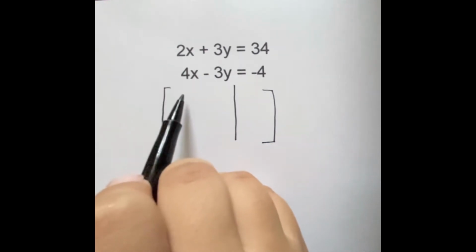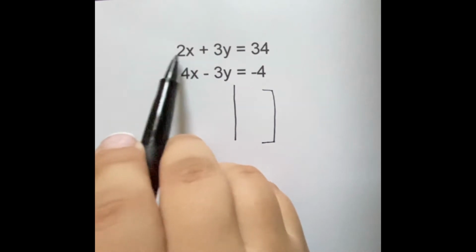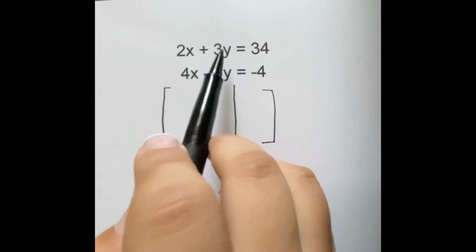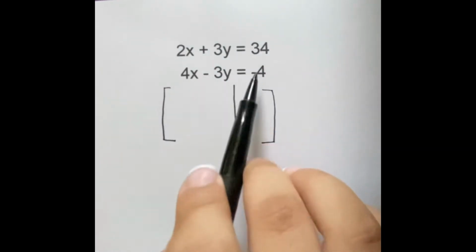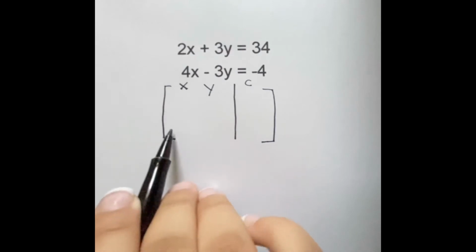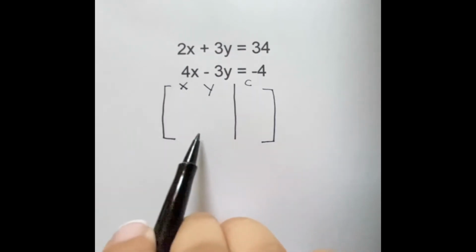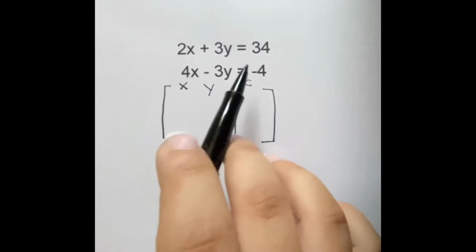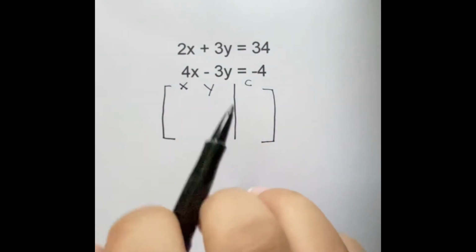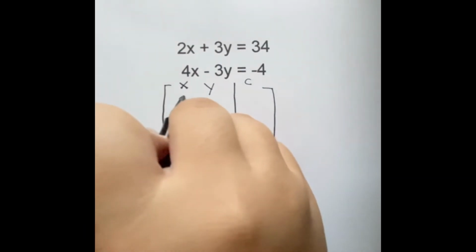So everything to the left will either be an x coefficient or a y coefficient, and to the right will be these two. As you see, I set it up to where our x coefficients will go in this column, our y coefficients will go in this column, and our c values, or these ones left over, will go in this column. So I'm just going to write these.